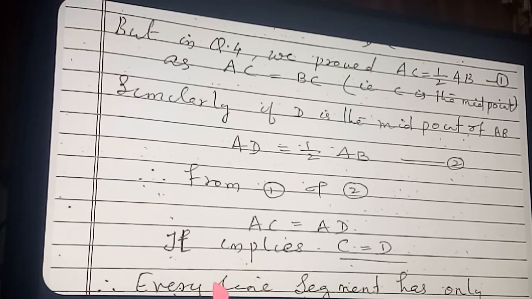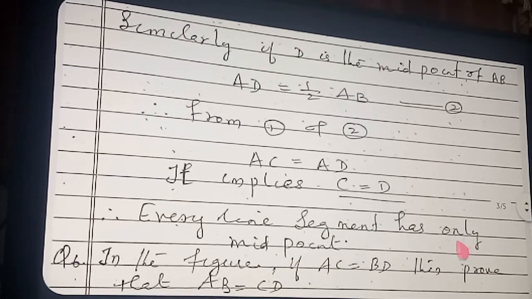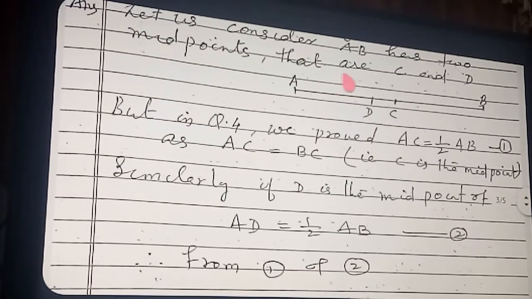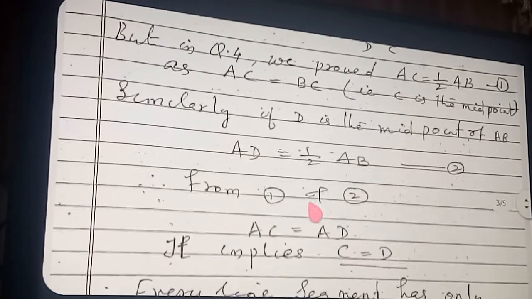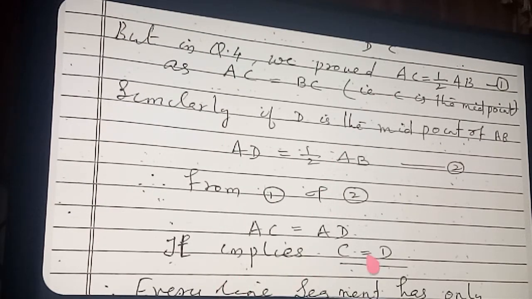Therefore what can you say? Every line segment has only one midpoint. Every line segment has exactly one midpoint, not more than one midpoint. But here we supposed C and D are the midpoints, two distinct midpoints. But we took it in such a way, and what answer did we get? C and D are equal.